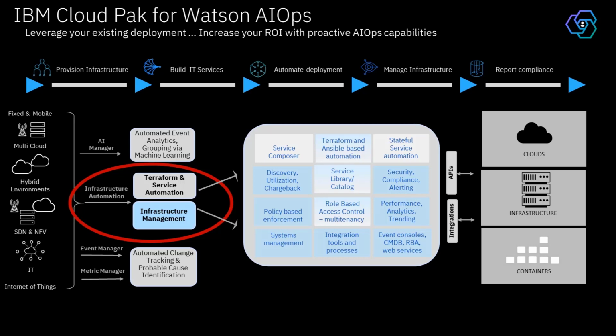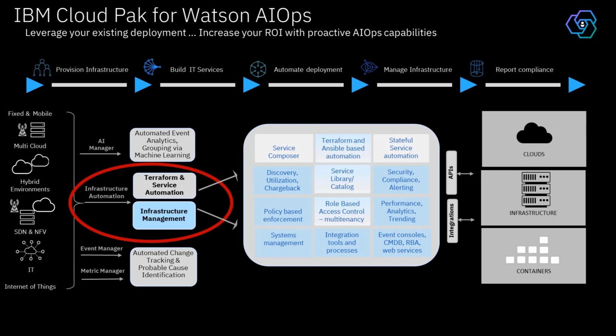It brings together two distinct features, the service automation and infrastructure management. Both provide a toolkit that allows the IT operations teams to provision infrastructure, build their IT services, and deploy them, what we usually refer to as day one operations.